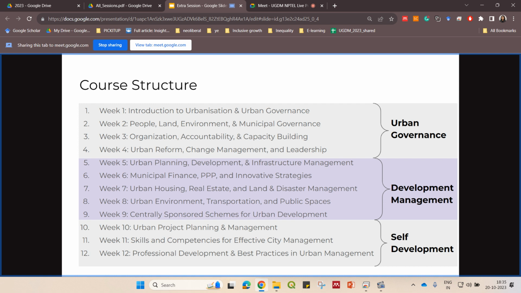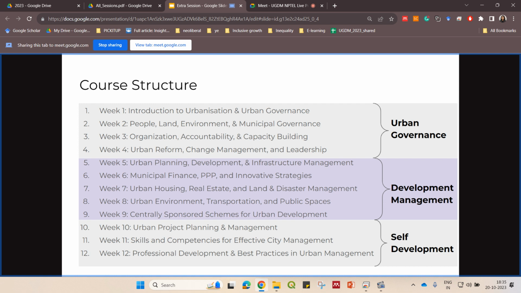Sorry. So, in week 8, the first two lectures would have been on managing the urban environment. In this, you would have studied what are the components of urban environment and what are the different mandates that exist for managing the urban environment or for managing the blue-green infrastructure in Indian cities.